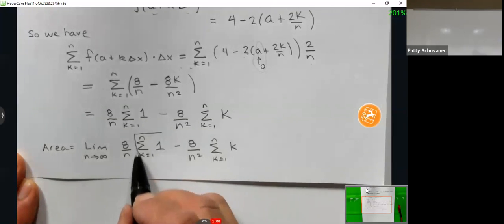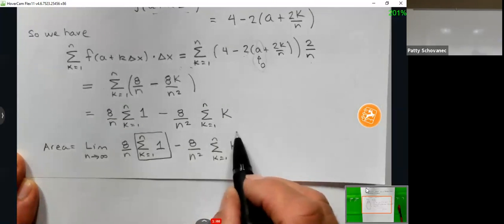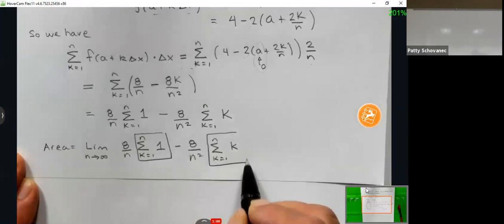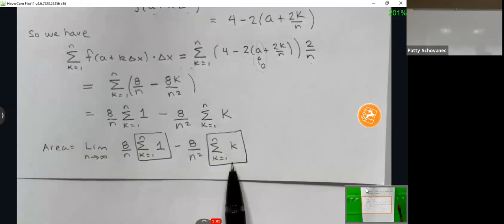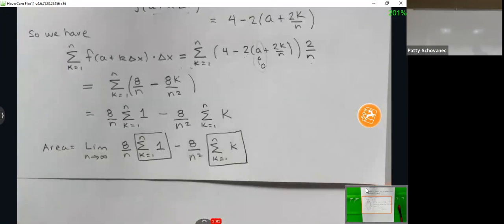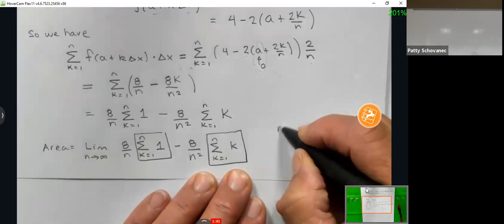But again, we can get these strictly in terms of n using the formulas that I gave you early on. The sum of 1 added together n times is just n. The sum of the first n counting numbers is n times n plus 1 divided by 2. So now use our summation formulas.